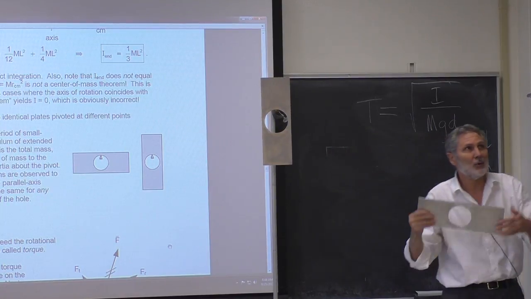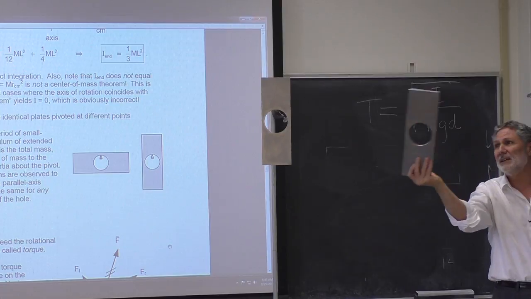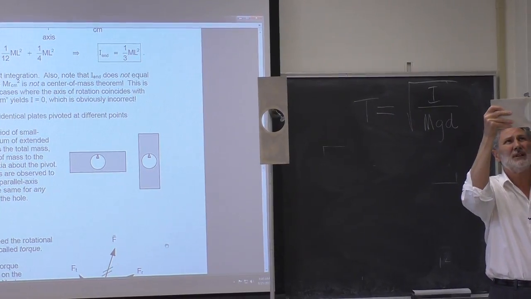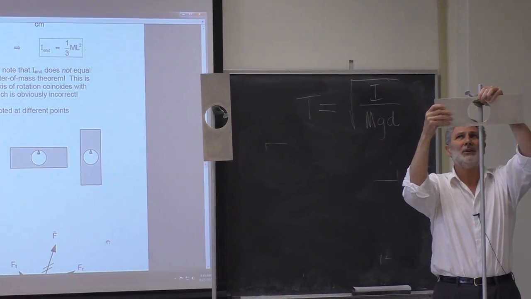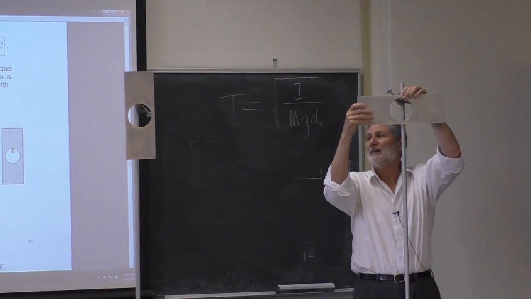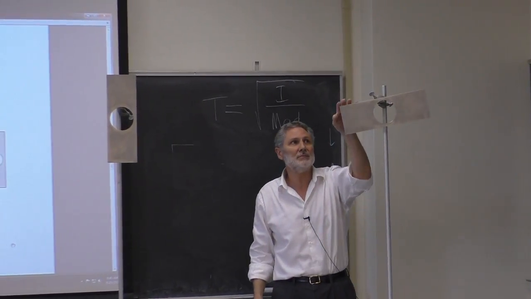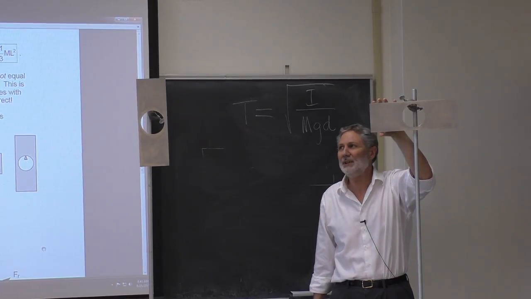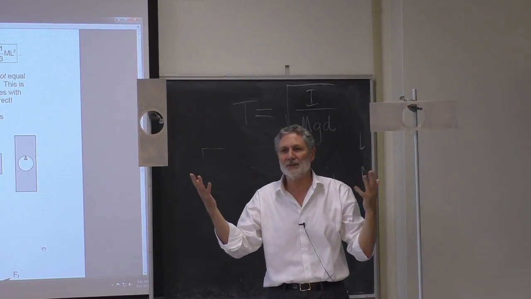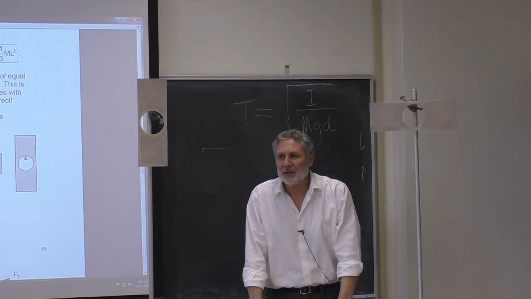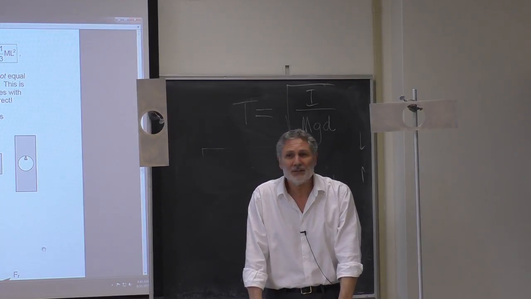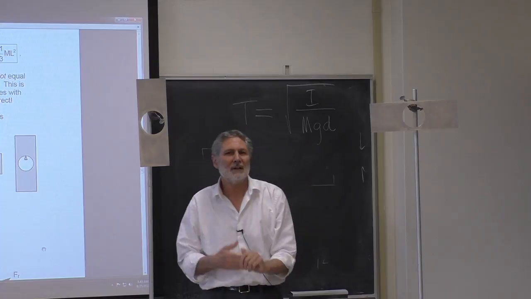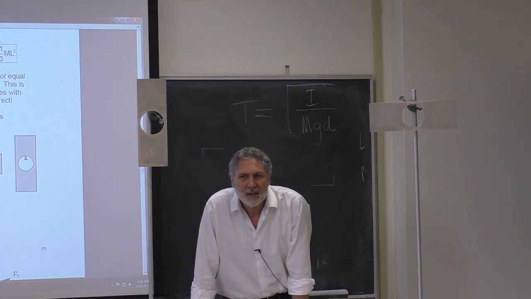The point of this demo is, I've got an identical plate here, but I'm going to put it at 90 degrees. This is also a pendulum. How do those periods compare? Which period's going to be bigger? Any guesses? I heard something. They've got to be the same, that's what he's saying.